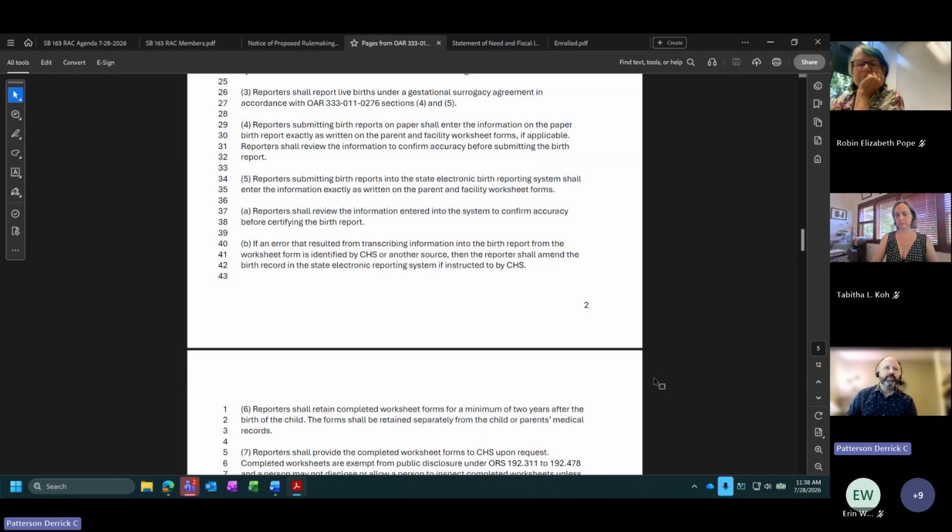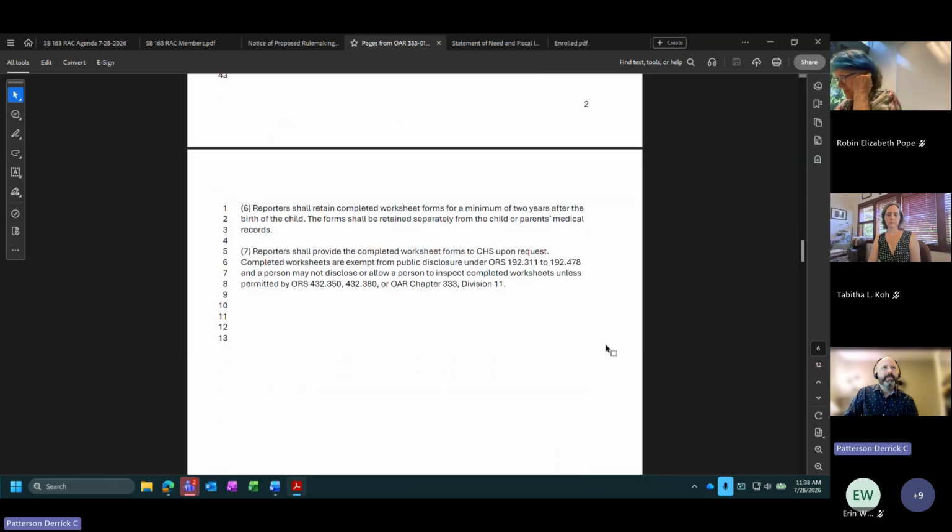Okay, section 6, reporters shall retain completed worksheet forms for a minimum of 2 years after the birth of the child. The forms shall be retained separately from the child or parent's medical records. Any feedback on section 6? All right.